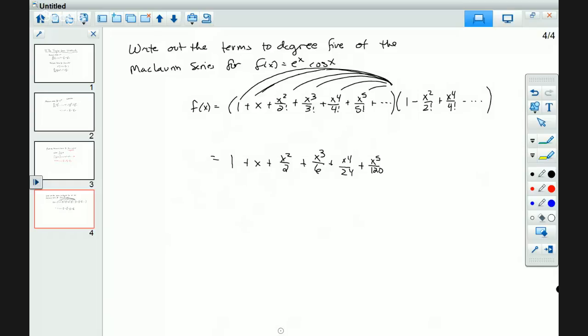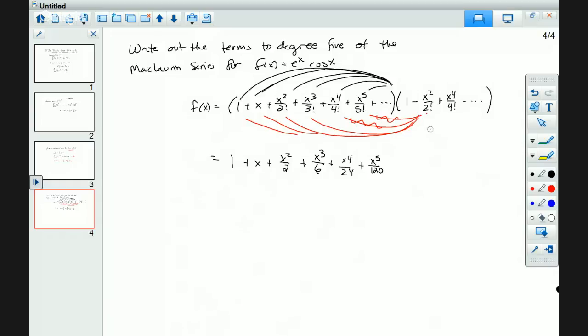Now the second one. Take it in here. Do I need to do all of them? I'm going to stop right here, because that's where it hits the 5th power, right? So these two I won't even need, because it goes above the 5th degree.